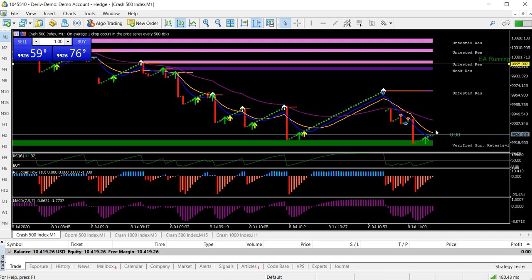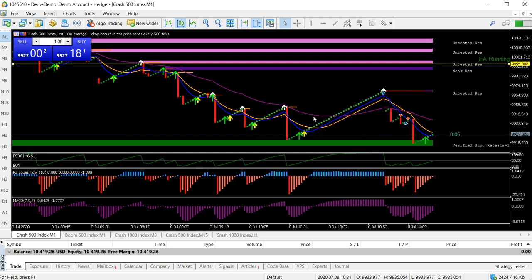Another condition we're looking for, for you to be able to escape a crash: these lines which have been printed here are telling you of possible resistance areas. These are resistance areas, so price could get there and crash. But most of the time, price can only pass when the market is doing a strong upward trend.